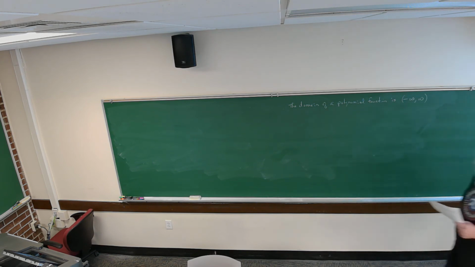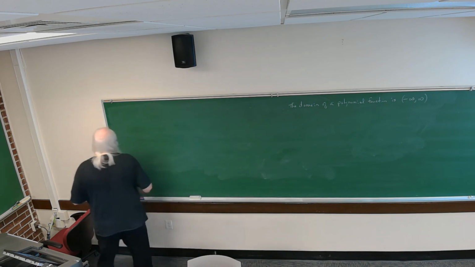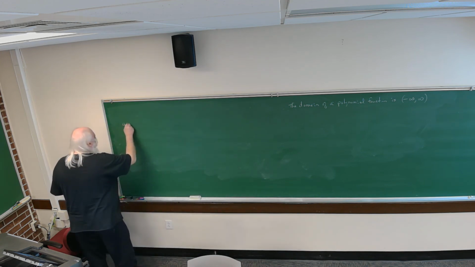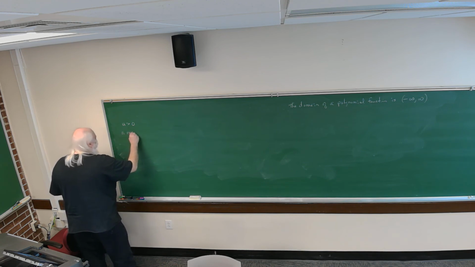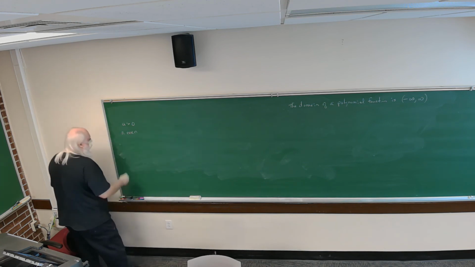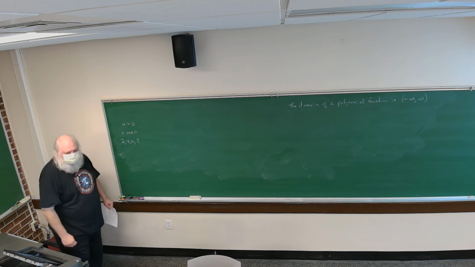So we're going to draw 4 graphs. In the first graph, a is positive, and the power of x is even. You know 2, 4, 6, 8, and so forth are examples of even integers.